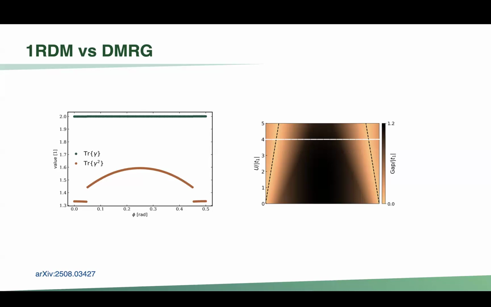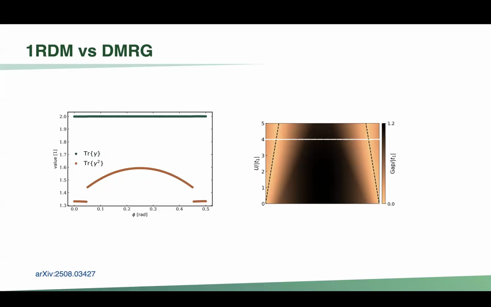What we see is that in the orange region is where we have the mode insulating phases, and in the middle is where we have non-mode insulating phases, although it's kind of a mixed state. And we see that we can reproduce exactly what the DMRG calculates by looking at the trace of the square of the density matrix.